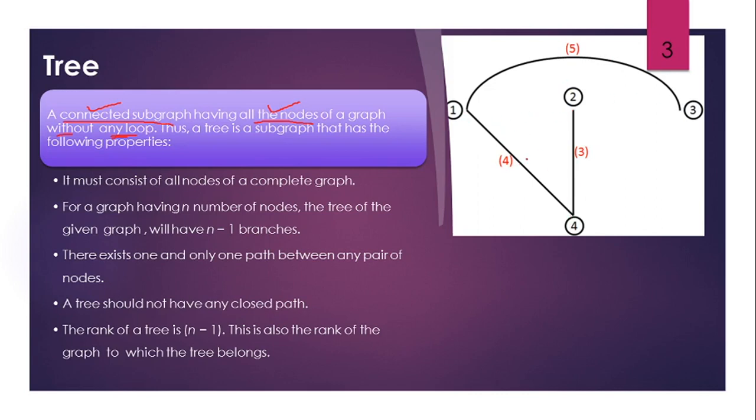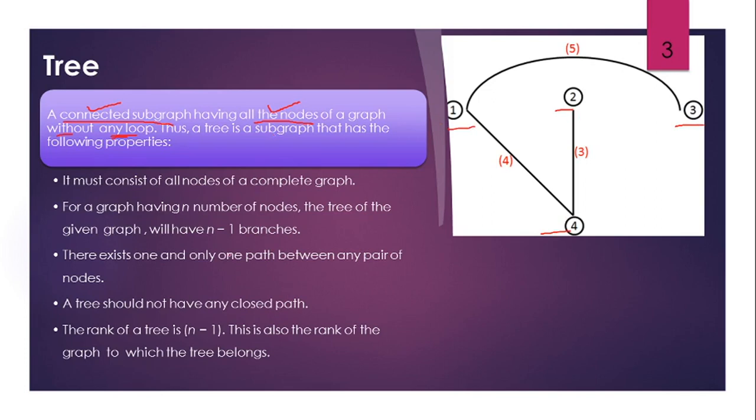It has branches, maybe fewer, definitely, because it is a subgraph. Also it is a connected graph, so definitely it should not have any closed loop path. That's why it should have fewer branches than your main graph. So here we can say a tree is a connected subgraph having all the nodes of a graph without any loop.